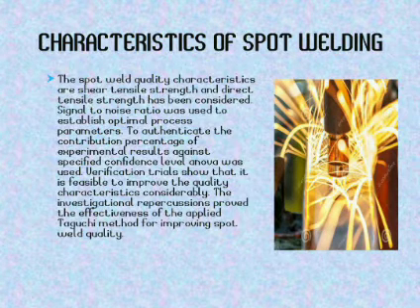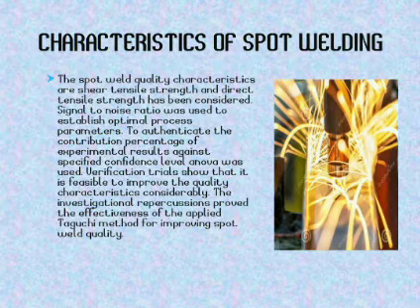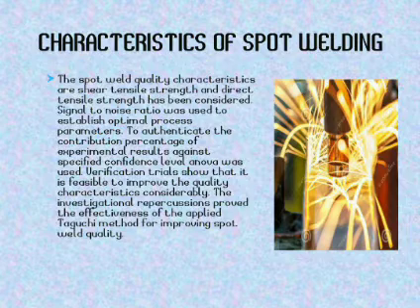Verification trials show that it is feasible to improve the quality characteristics considerably, and the investigational repercussions prove the effectiveness of the applied Taguchi method for improving spot weld quality.